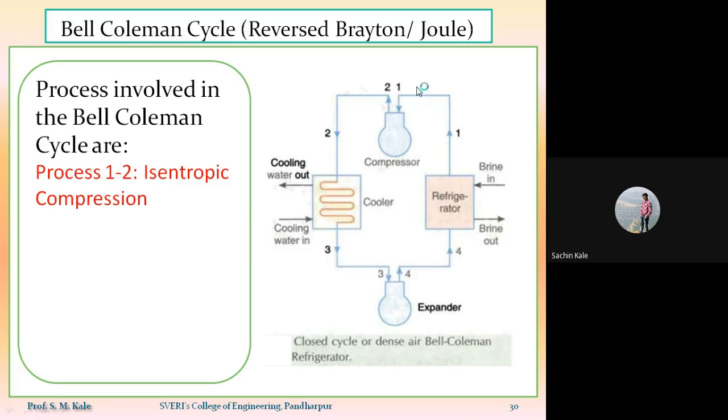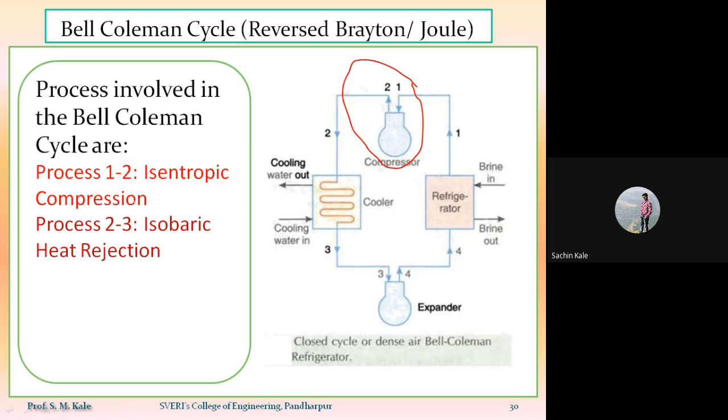Process 1 to 2 will take place inside the compressor, and that process will be called an isentropic compression process. Then process 2 to 3 will take place inside the cooler.